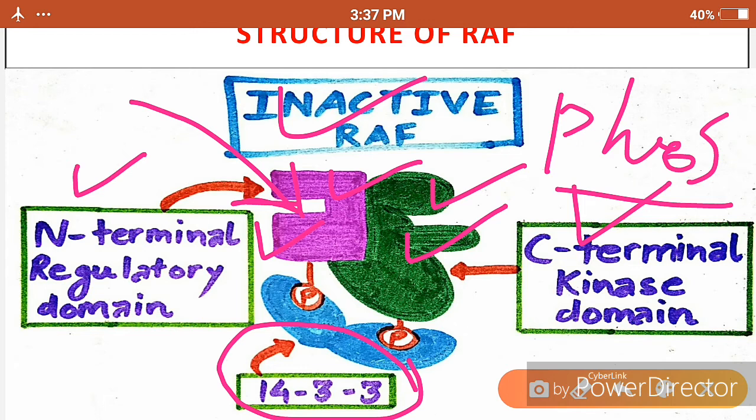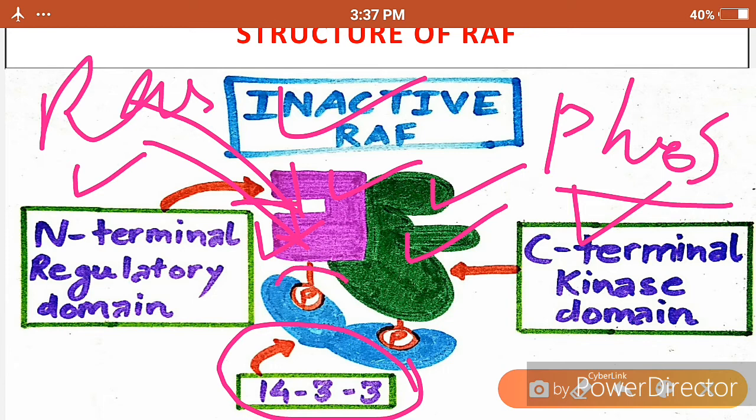Now the binding of this 14-3-3 on the N-terminal regulatory domain is what keeping this RAF protein inactive. Okay, so when RAS protein comes and binds here on the RAF protein, it dephosphorylates this serine residue, and dephosphorylated serine residue is not the ideal substrate for 14-3-3. And what do we see?